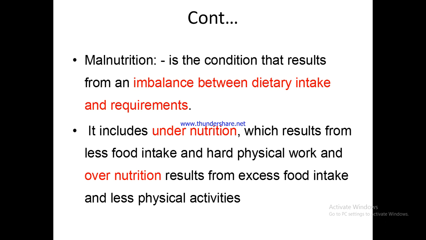The other terminology is malnutrition. Malnutrition is a condition that results from an imbalance between the dietary intake and the requirement. If there is a higher intake than the required amount, there will be overnutrition, and if there is a lesser intake than the requirement, undernutrition will happen.